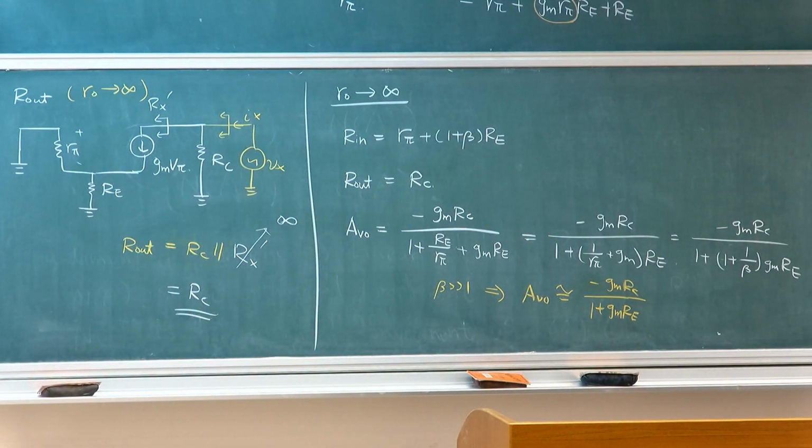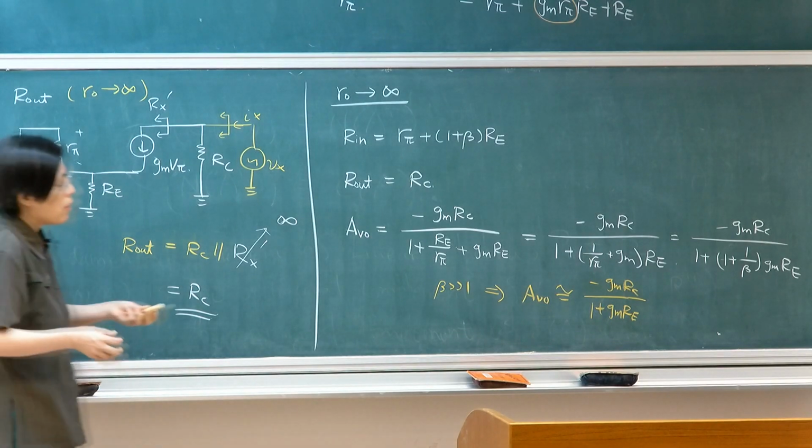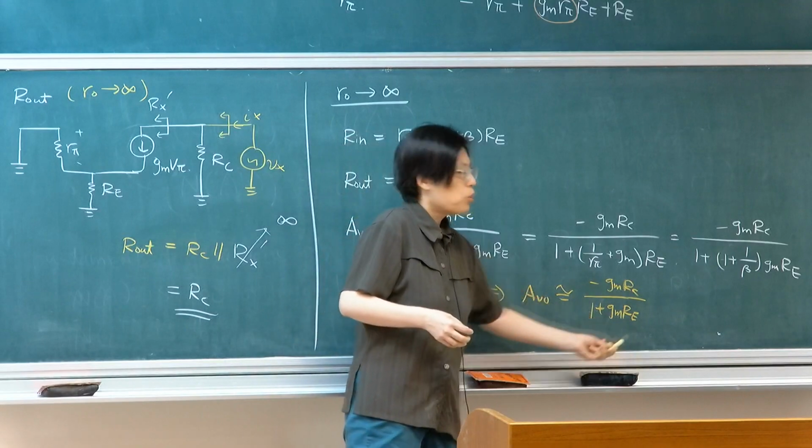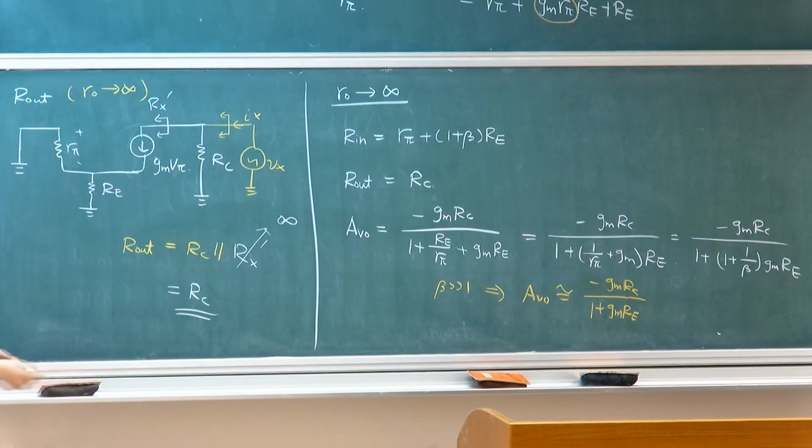I think I jumped too fast at the beginning. So anyway, the attenuation design is simply adjusting your RE to make your circuit less sensitive to changes in the biasing point, for example. Okay?